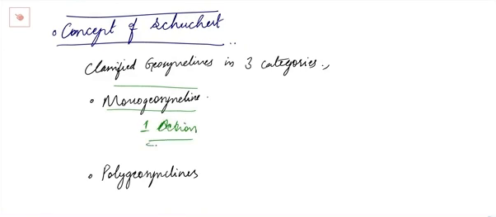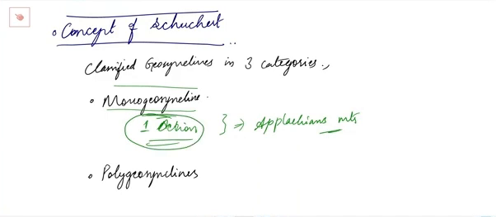The formation of mountain basically takes place in a single phase. So that is known as monogeosyncline. The best example for monogeosyncline is the Appalachian mountains, which is formed by a single action or single phase.